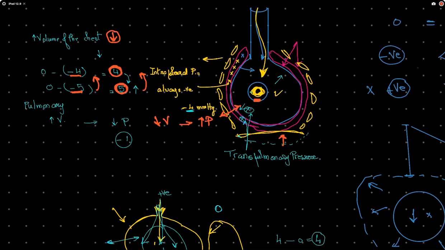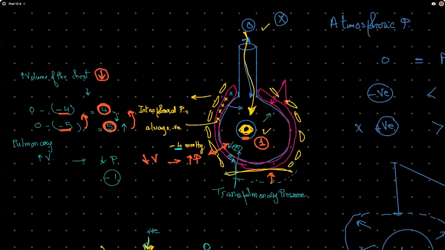So my pressure was 0 millimeter mercury. It goes up to 1 millimeter mercury. When the volume decreases, I have a pressure of 1 millimeter mercury on the inside of my air sacs, and on the outside I still have atmospheric pressure, 0 millimeter mercury. Which side has a higher pressure now? My lungs.